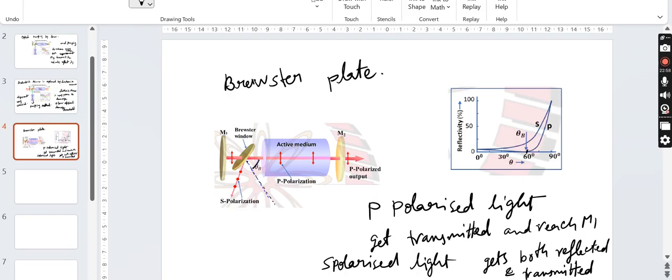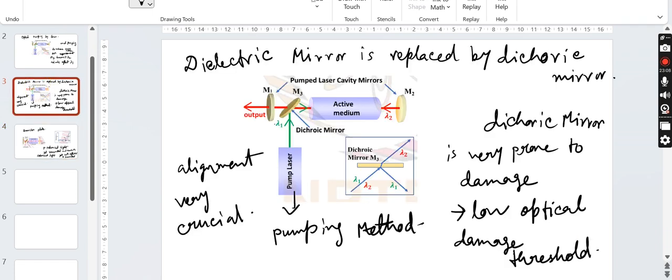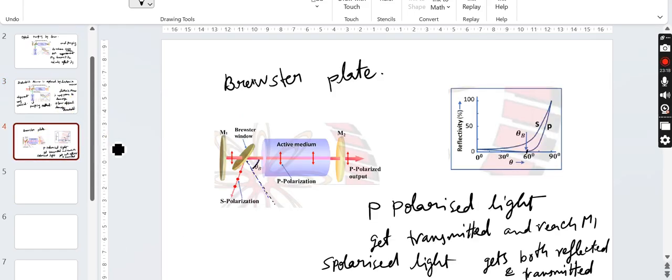And with this effect, when you put in a Brewster window, one effect is that you avoid the dichroic mirror problem, but you also get a p-polarized output in this process.